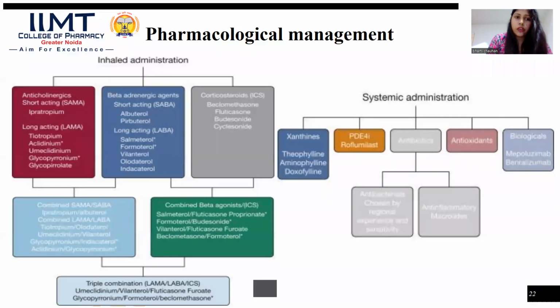In combination of both beta-adrenergic agent and corticosteroid, we can use salmeterol and fluticasone as a combination. And for triple combination, we can also use anticholinergic, beta-adrenergic, and corticosteroid. Other than that, there are systemic administration of antibiotics, antioxidants, biological antibacterial drugs, or anti-inflammatories.